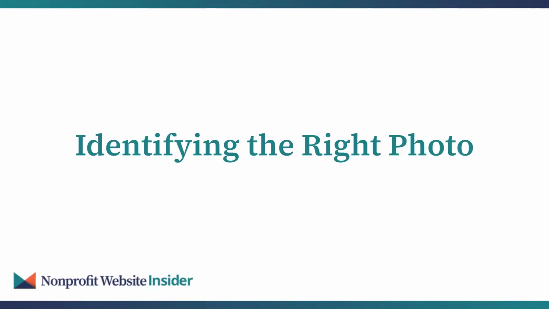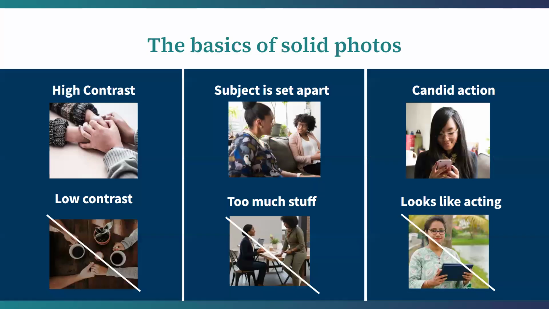Right. Let's talk about identifying the right photo for you. What should you look for to distinguish a good stock photo from a bad stock photo? High contrast. You want to make sure that the photo isn't murky, so it's hard to see what's going on.